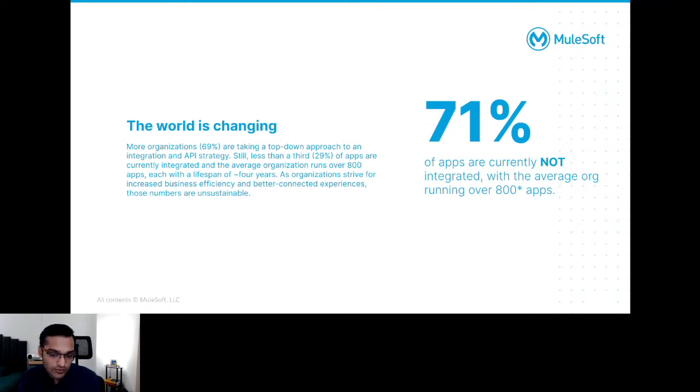So even though there are all these platforms out there, there are still 71% of the apps which are not integrated. And when we talk about these integrations, about 69% of organizations are taking a top-down approach because they want to use this opportunity to bundle their interior silos and break through those silos and create a more holistic solution.